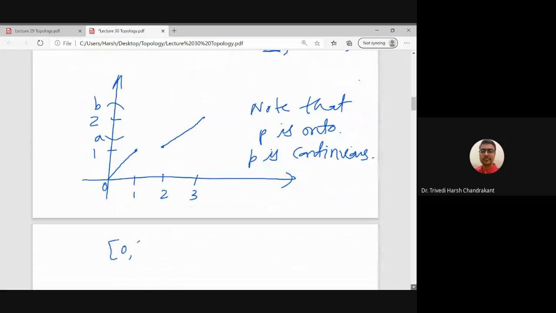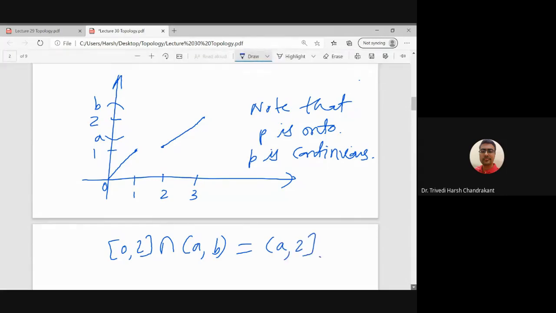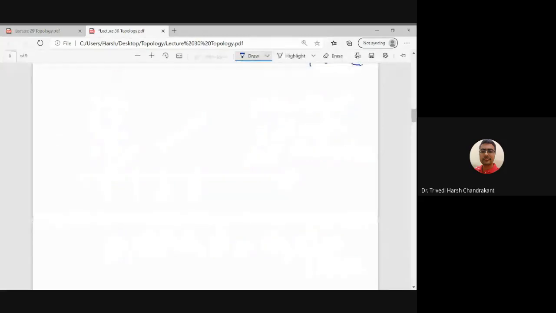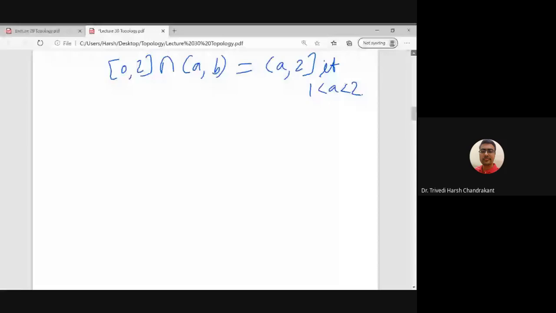So when I intersect [0,2] with (A,B), what I will get, if A is between 1 and 2, is nothing but the interval (A,2], right? So this is a basic open set. Now what is the inverse image of this basic open set?